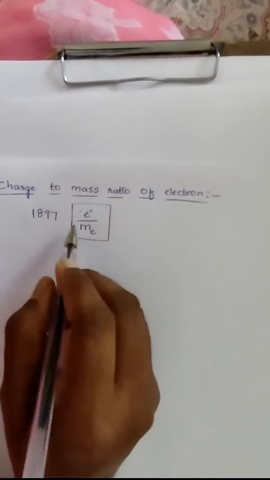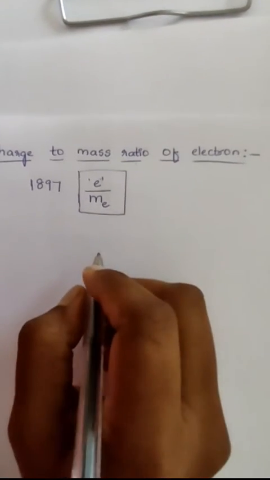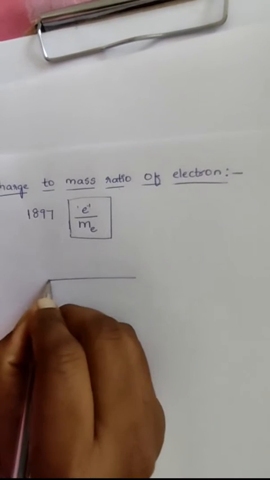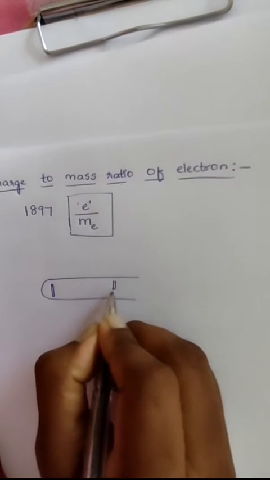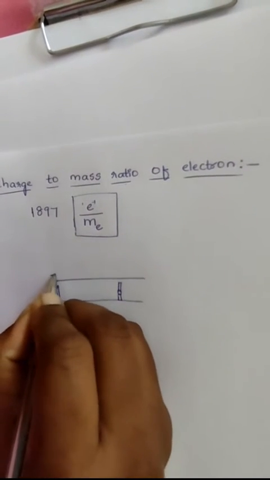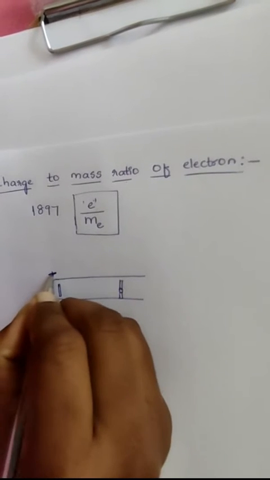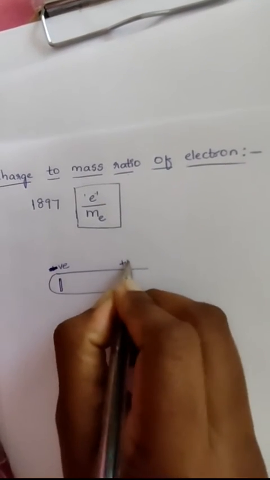So Thomson made a cathode ray tube modified by applying a magnetic and electric field. See here, it is a cathode ray tube which contains a cathode and an anode, in which a small hole is there. The cathode is negatively charged and the anode is positively charged.